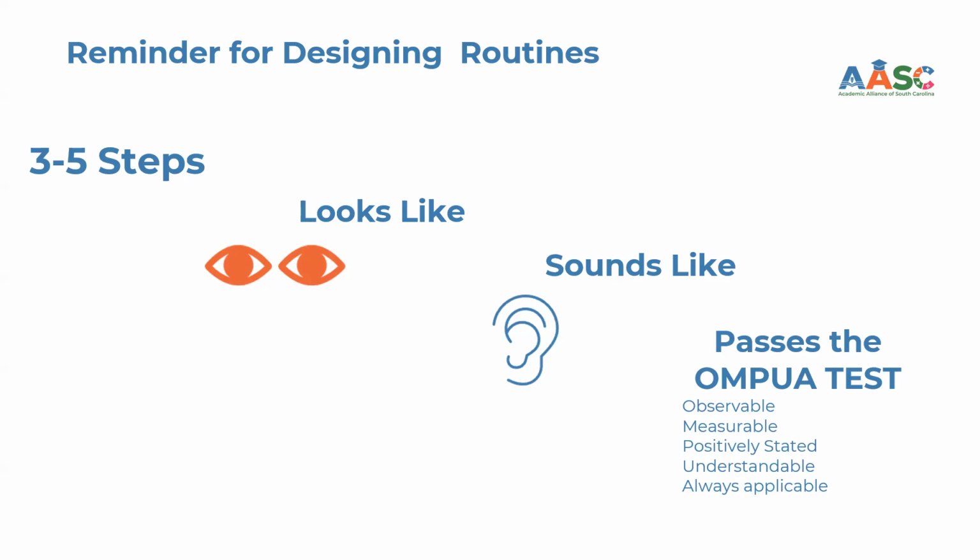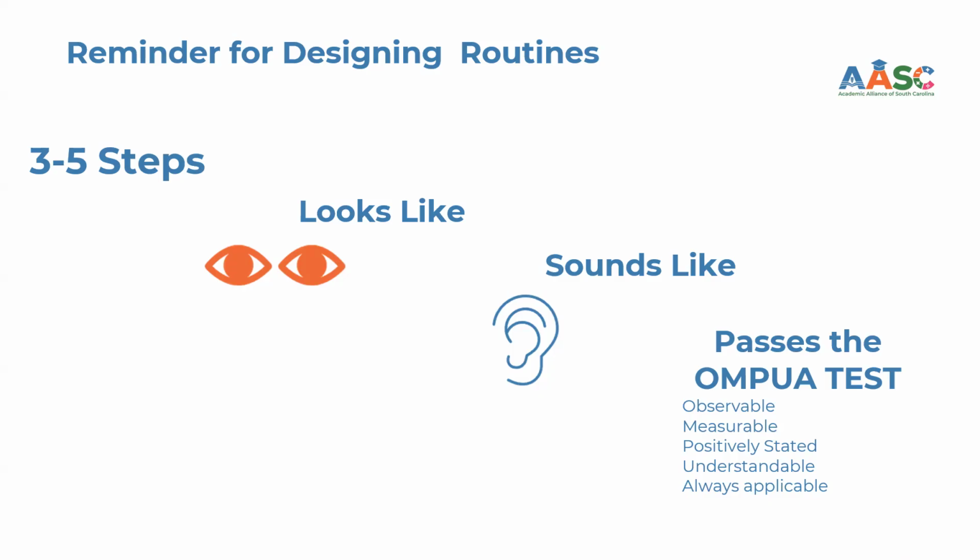I always say the test is the AMPUA test. That means that, when I finish, everything is observable. I can see it. It's measurable. It's a behavior I can count. It's positively stated, of what I want the student to do. It's understandable for their level.